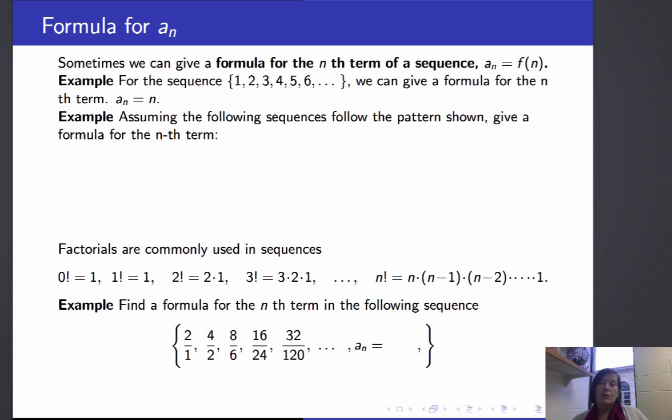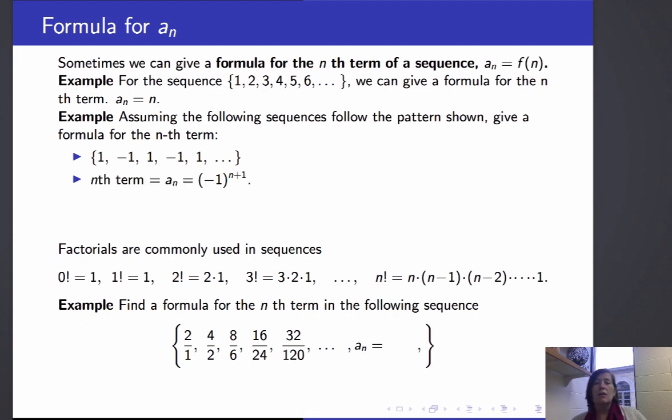And let's look at a few sequences and try to write down formulas for the nth term. Now this is a very important sequence, this alternating sequence that alternates between 1 and -1.